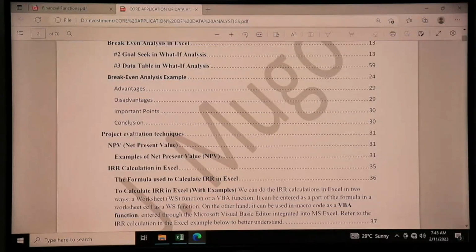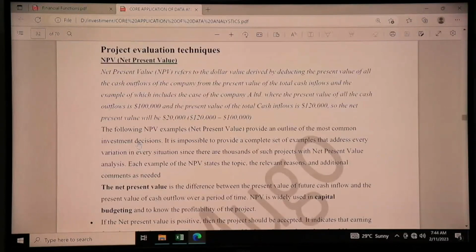The first one is the net present value, which we did in our last discussion.